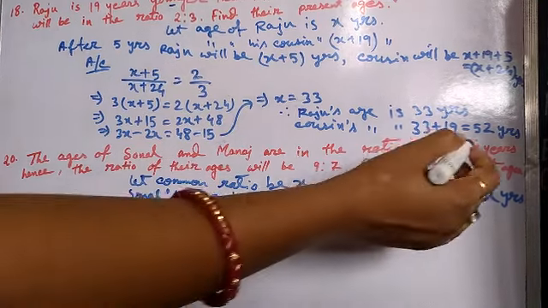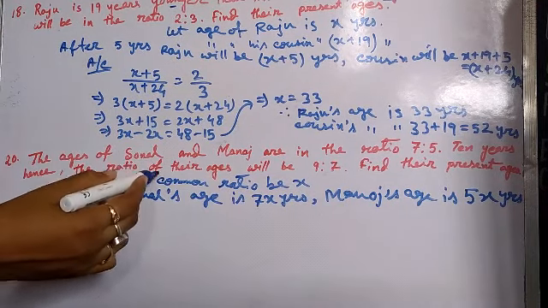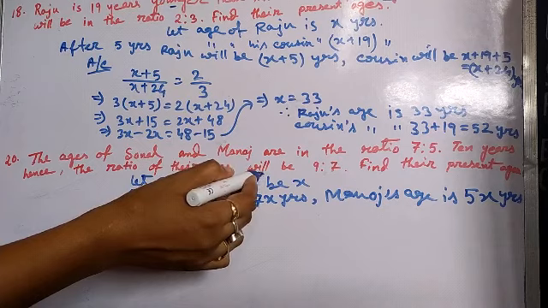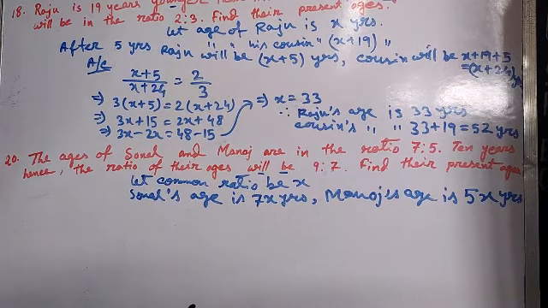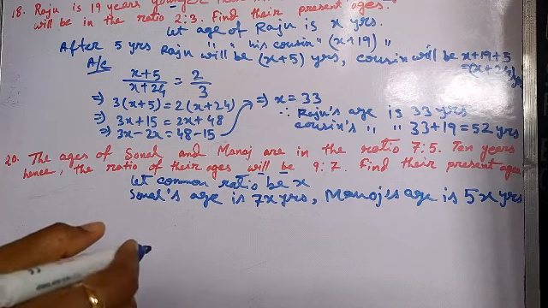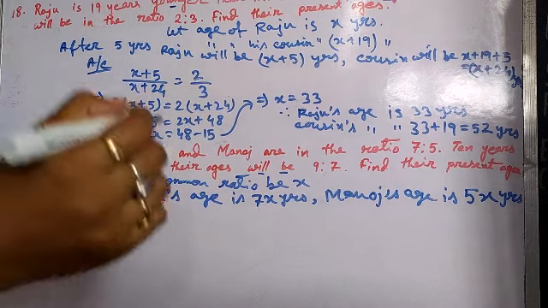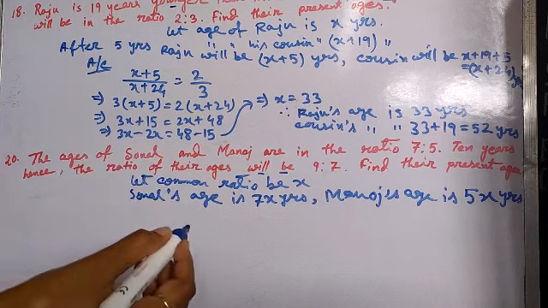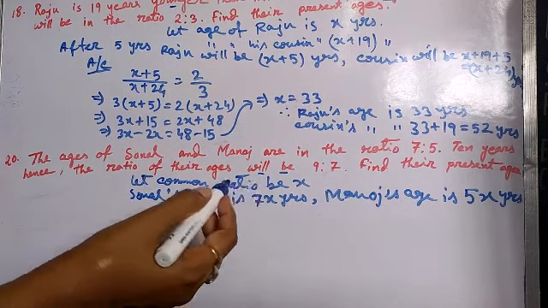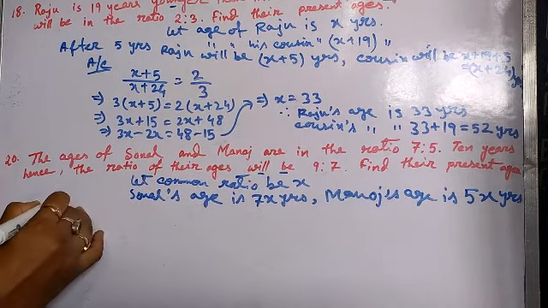Now it is given 10 years hence the ratio of their ages will be, means future, that means after 10 years their ages will be 9:7. We have to read the sum properly, which tense is given there: will be means future, that means after 10 years.